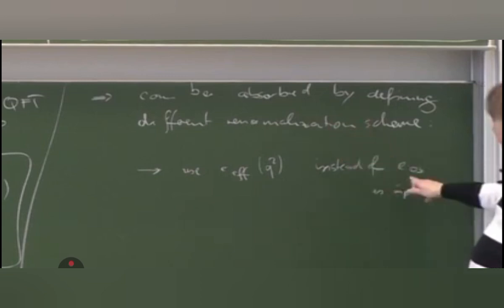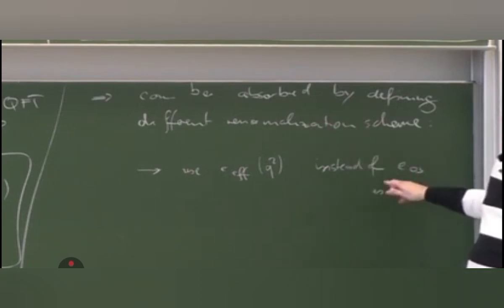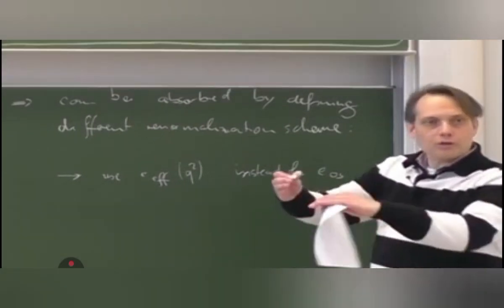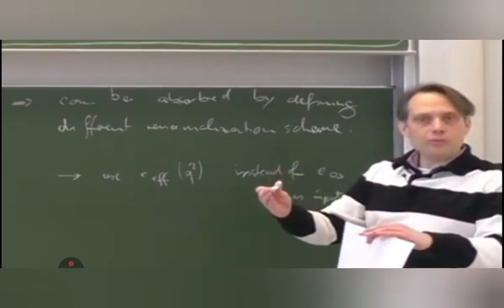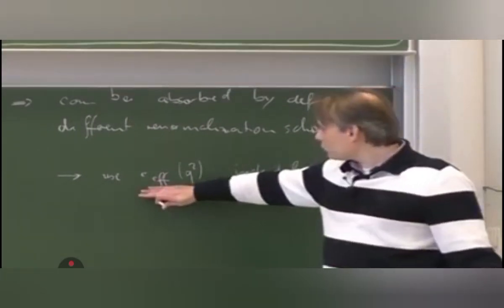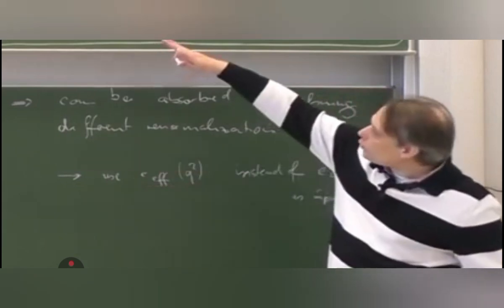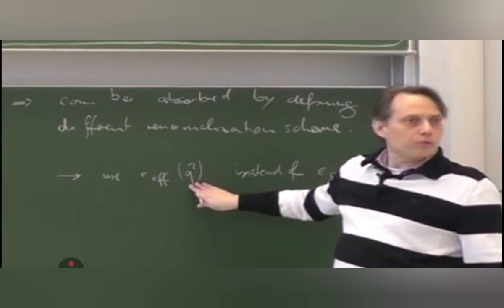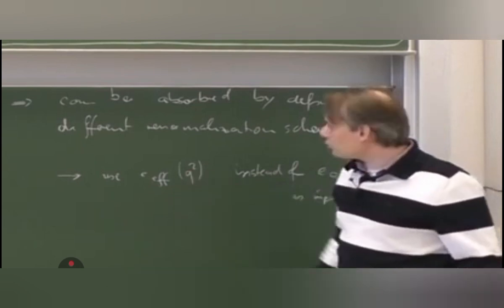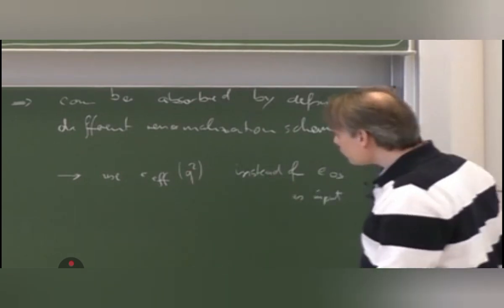For the on-shell scheme that we have chosen, the result was that the on-shell coupling agrees with the effective alpha measured in the Thomson limit. And now we can instead use a new scheme where the renormalized coupling agrees with the effective alpha at some momentum Q square. A very natural generalization of the whole thing, and then we have such a running coupling.